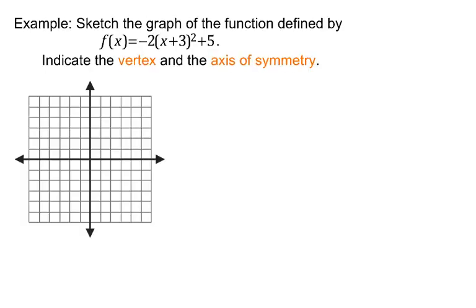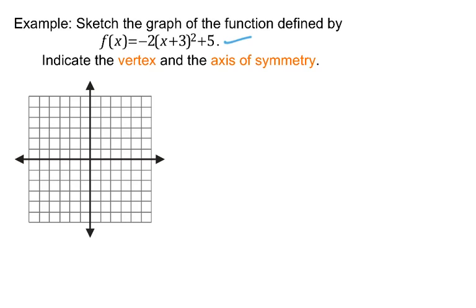So this is the function as we have found it to be. And from what we know already, a function based on the squaring function is going to be a parabola.